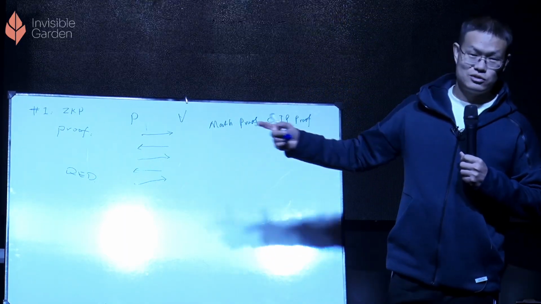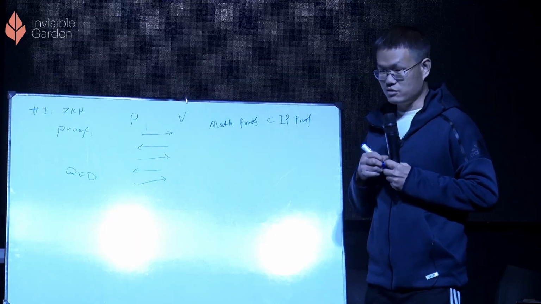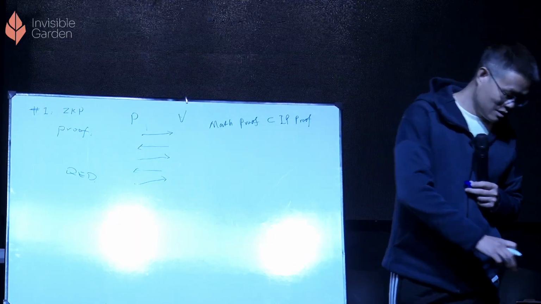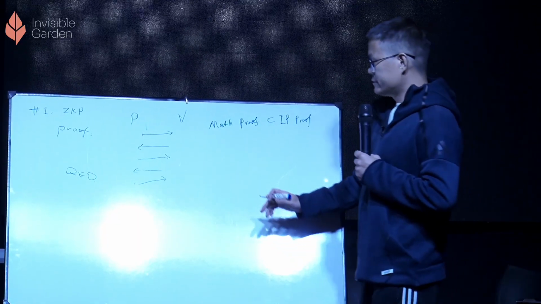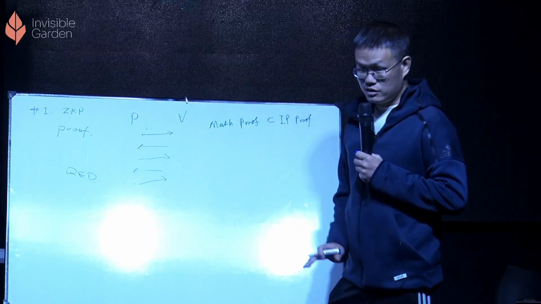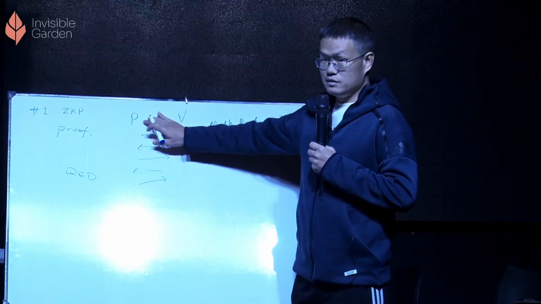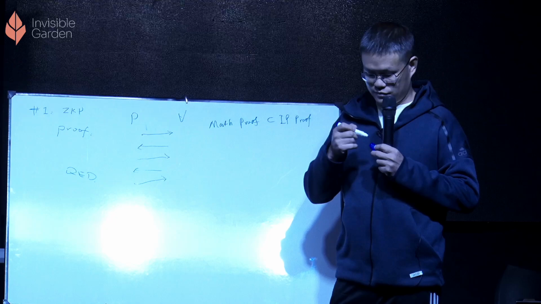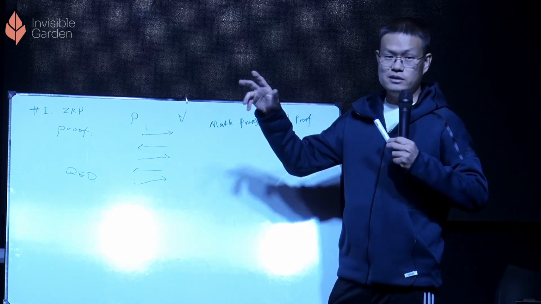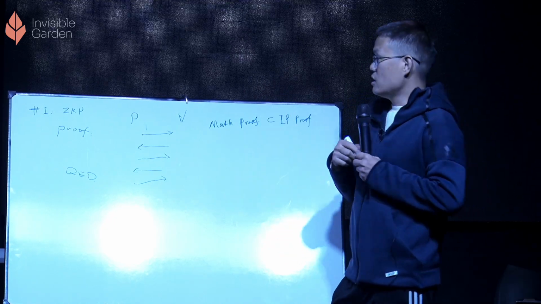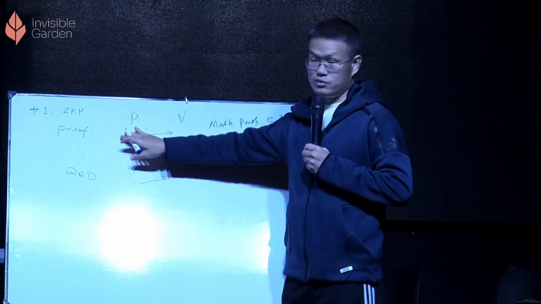Now I can use a zero-knowledge proof to prove this theorem. In the multiple rounds interactive proof, the prover and the verifier should have some knowledge in common, like what exactly the statement is that the prover wants to prove.